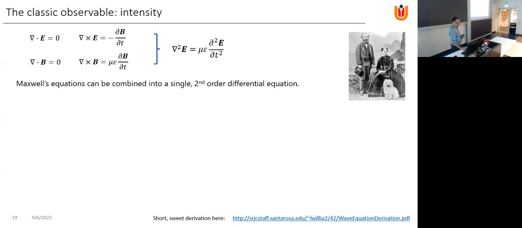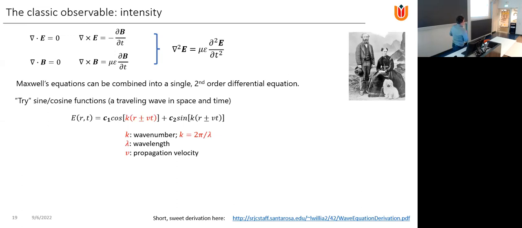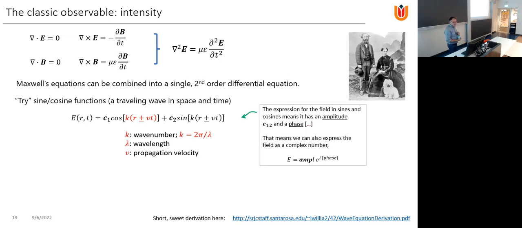You can solve this equation by standard techniques, and one of the simplest is to try putting in sine and cosine functions. This will travel in space and time, so you can fill that in and see what the constants that you put in front should be. And this works perfectly. The parameters in this solution are the wave number, the one that you saw a little bit earlier on, k, which is 2 pi over lambda, the wavelength, and the propagation velocity.